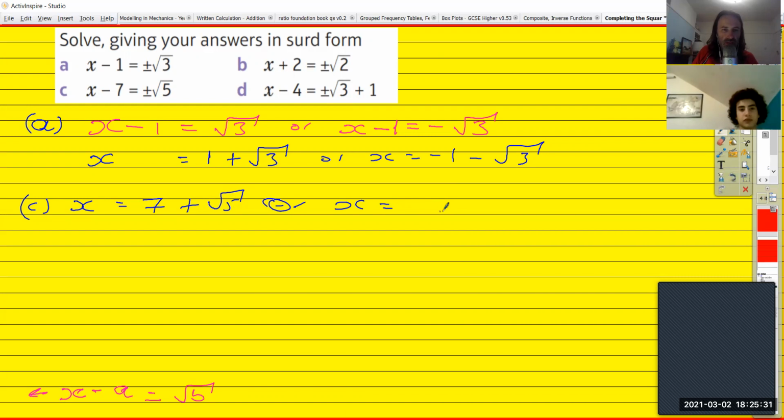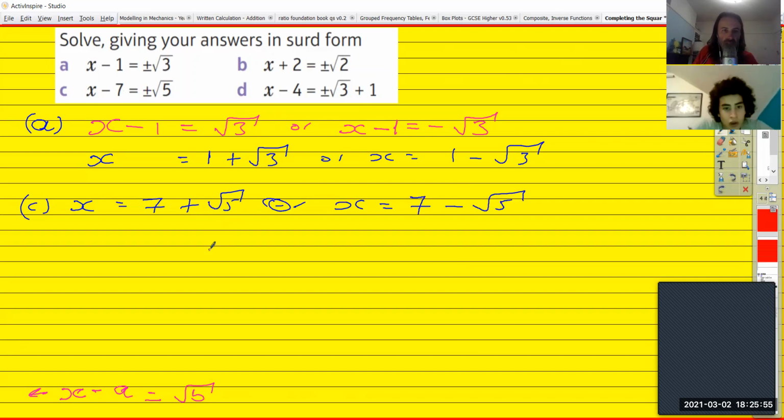Or X equals minus 7 minus root 5. Not minus 7, still plus. Only that one changed. Yeah, hang on. This one up here isn't correct. Yeah, that should be plus. So that one is just minus, whereas the other one was plus or minus.